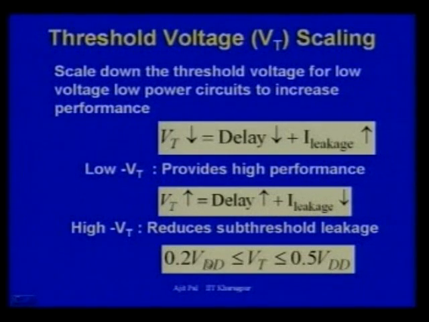Normally threshold voltage can be in the range of 0.2 VDD to 0.5 VDD. That means if the VDD is 1 volt, threshold voltage can be in the range of 0.2 volt to 0.5 volt. When it is 0.2 volt we call it low threshold voltage. When it is 0.5 volt we call it high threshold voltage, and that will lead to a significant difference in performance and leakage power, sub-threshold leakage power.